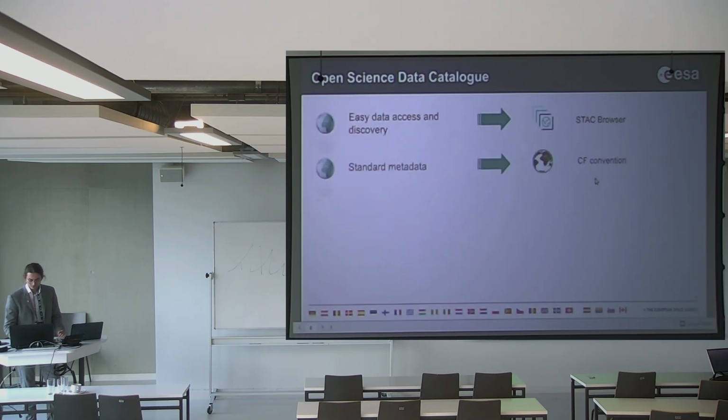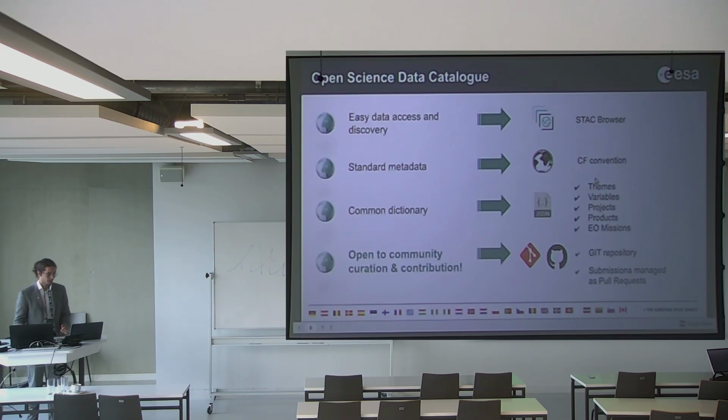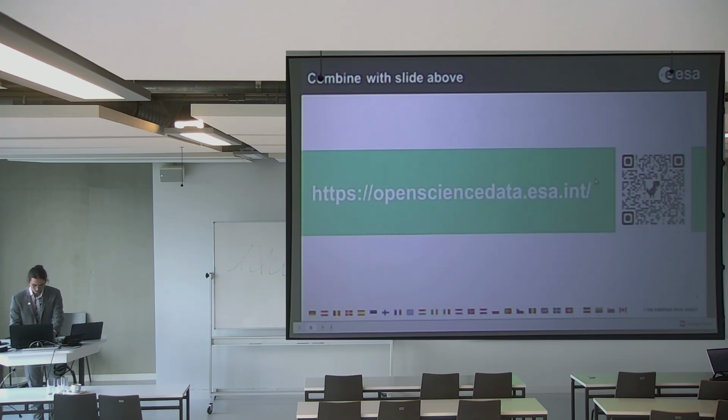So this workshop breaks down as follows: first we're going to explore the Open Science Catalog, then we're going to explore visualizing some of the data, and then we're going to use that data directly in Python and the Pangeo ecosystem. As I said, the Open Science Data Catalog is essentially a STAC catalog, and it would be best to just open this link and start exploring it together.